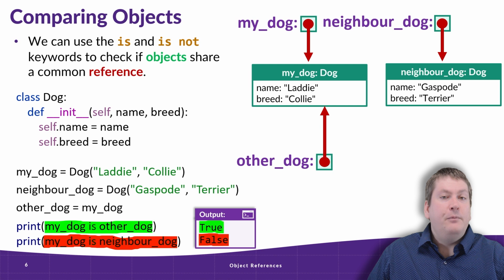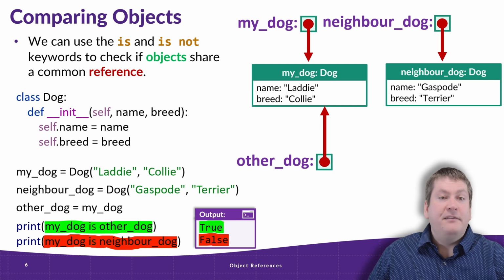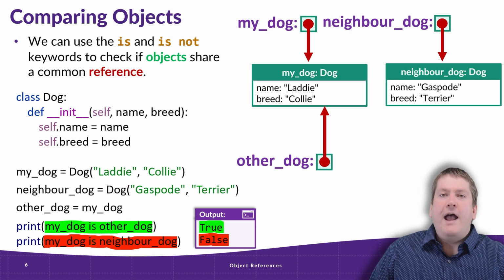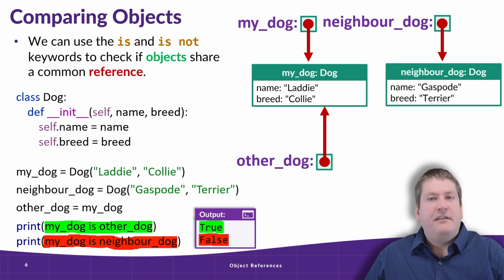So let's see what we get for output. Well, for the first line, we get a true, and the second line, we get a false. And this makes sense based on the diagram we have on the screen right now. My dog and other dog are both referencing the same dog, who right now has a name of Laddie. Whereas my dog and neighbor dog reference two different objects. One's for a dog named Laddie and one's for one named Gaspode.